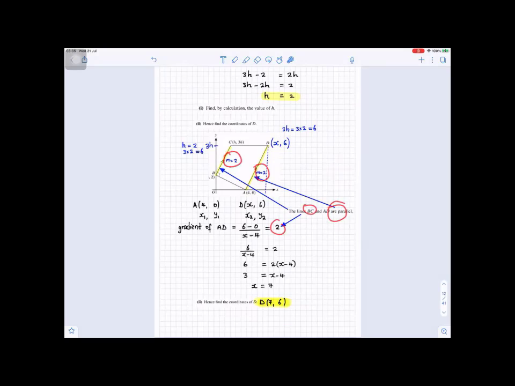So 6 over x minus 4 is equal to 2. Cross multiply: 6 is equal to 2 bracket x minus 4. Now you divide by 2. 6 divided by 2 is 3. So 3 is equal to x minus 4. Minus 4 goes to the left. 3 plus 4 is 7. So x equals 7. So the coordinates of D are (7, 6).